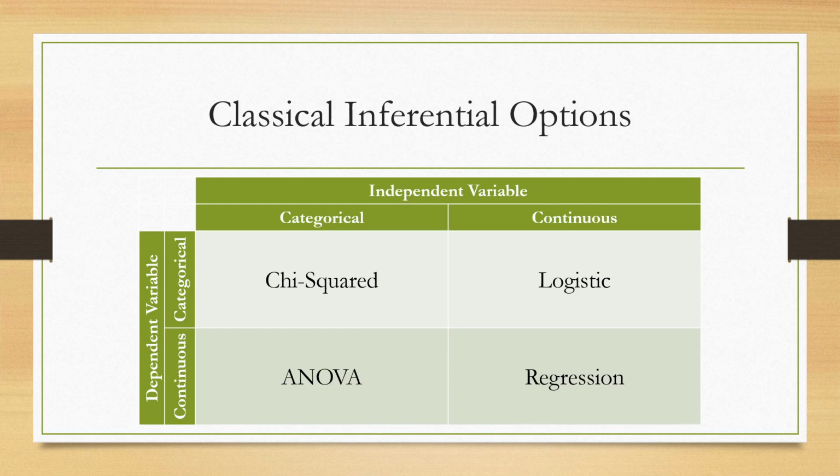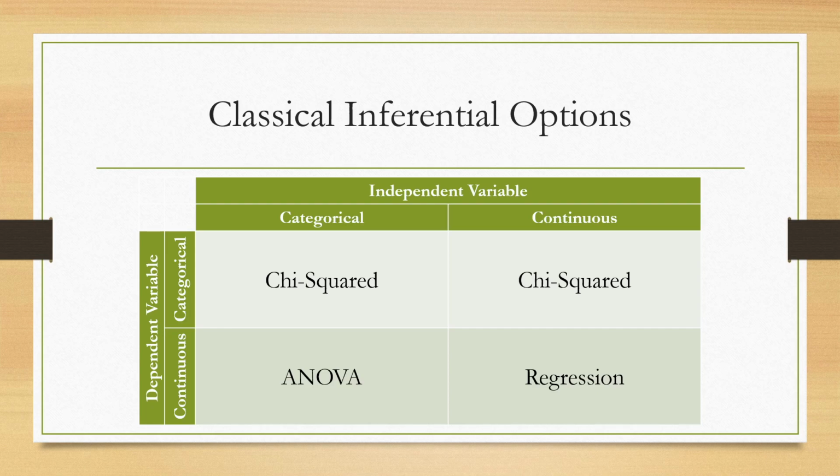Now, I will say for one of these, the one in the top right, logistic regression, this has some very complex interpretations, and we'll briefly touch on some of that in this lecture set for the chi-squared. So what we're going to say for the purposes of this class is if you ever run into one of the cases with logistic regression, and for whatever reason are limited to the tools you've learned in this course, what I'd recommend is that you simply split the continuous independent variable into categories, maybe low, medium, and high, or just low and high.